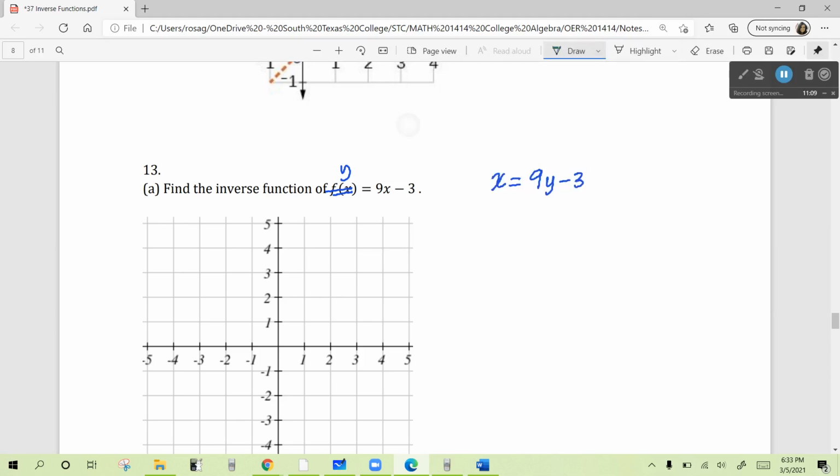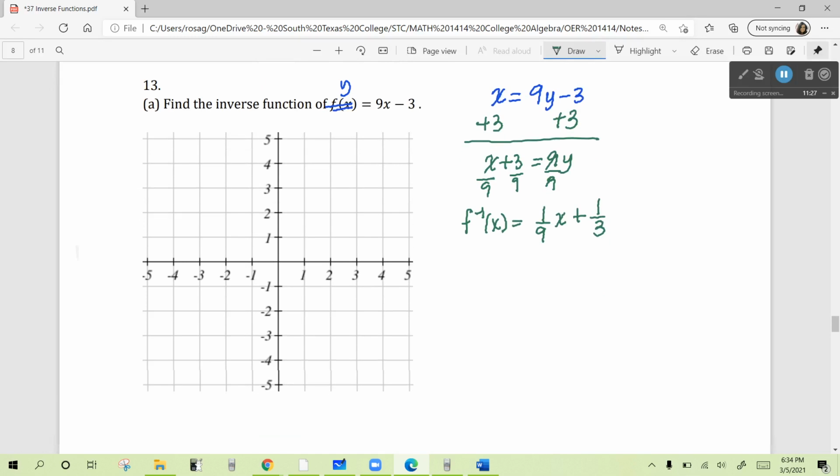And then solve for y. And it looks like that.